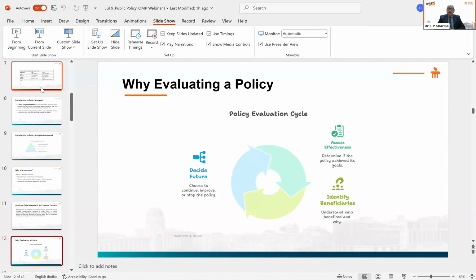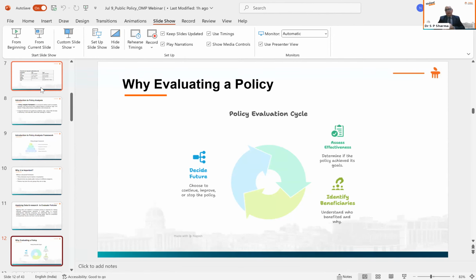And why do we evaluate the policy? Because if we have provided some policy and you are going to evaluate it, then firstly you should know about the effectiveness, that how this policy is going to become effective, and what is the effectiveness of that particular policy.